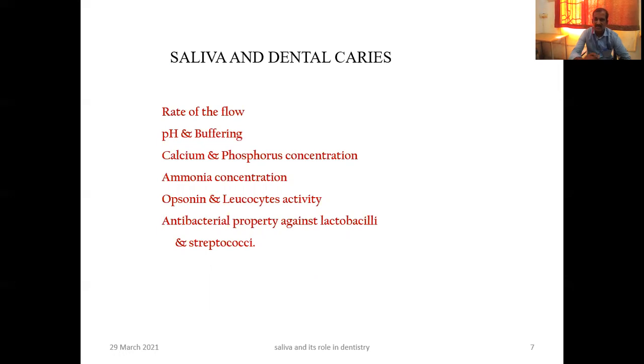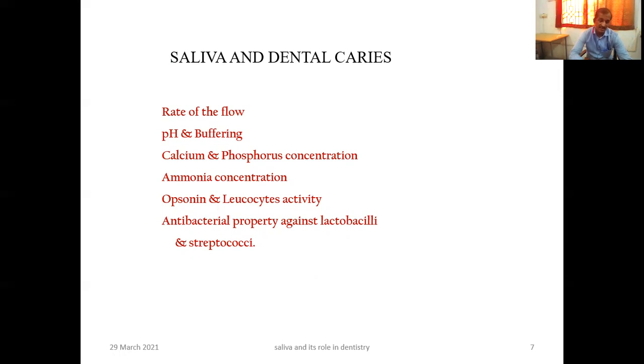In the previous session, we were discussing the dental caries lesion, its etiology, pathogenesis, prevention, and some treatment part of treating a patient with dental caries. Now, what is the role of saliva in dental caries?